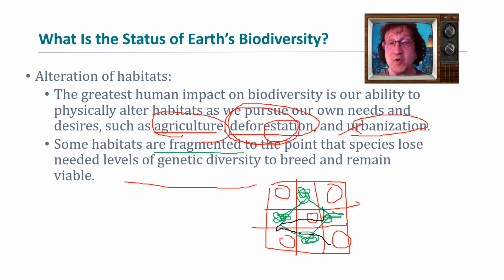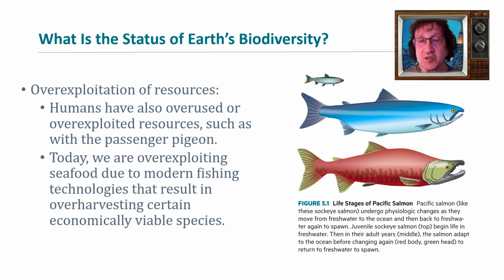And I've seen some beautiful projects where near reservations, the Native Americans are encouraging the government to build walkways over these highways and corridors that sometimes go underground to allow this fragmented land to be utilized by the animals. So what else do we do with our anthropogenic activities?